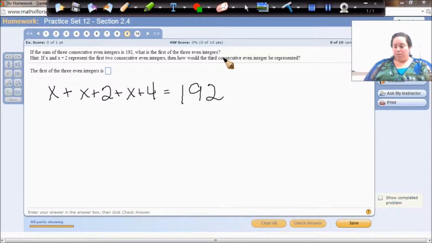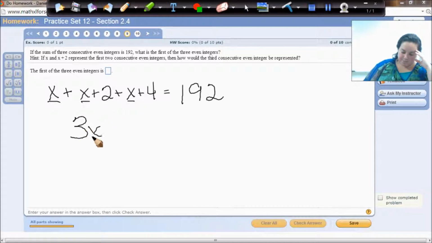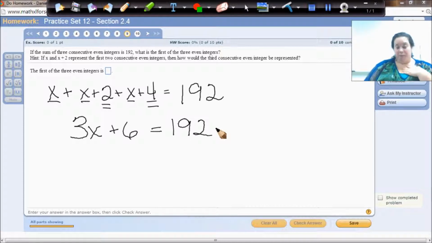So we can use this equation. We'll add like terms. We have x, x, x, so that's 3x, and then we have 2 plus 4 is 6, equals 192. The addition property of equality tells us we can subtract 6 from both sides.